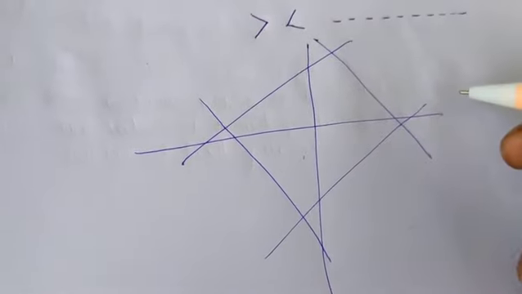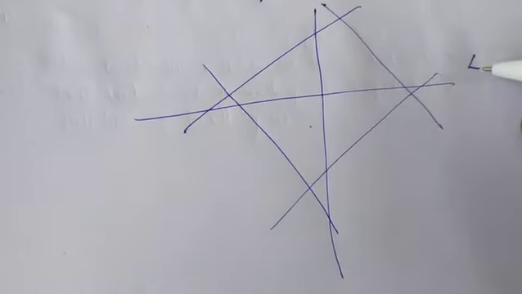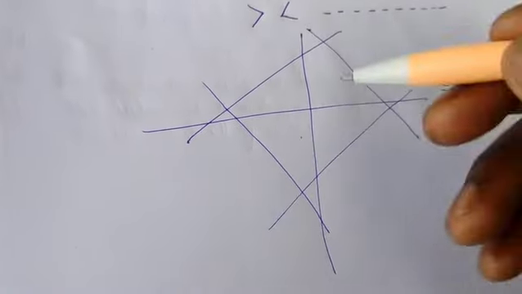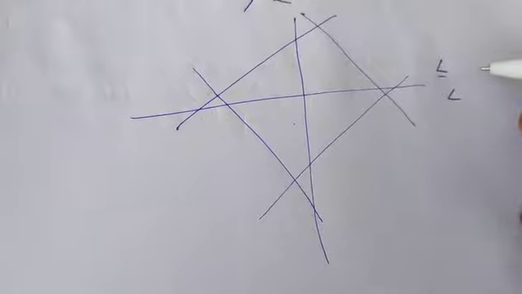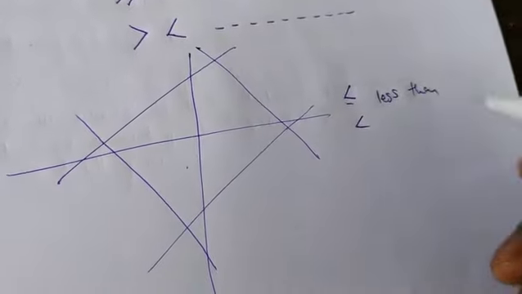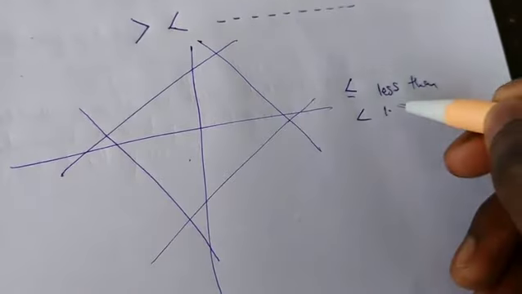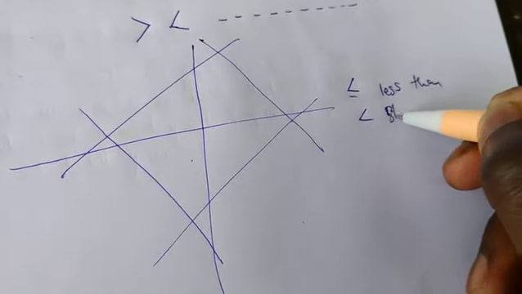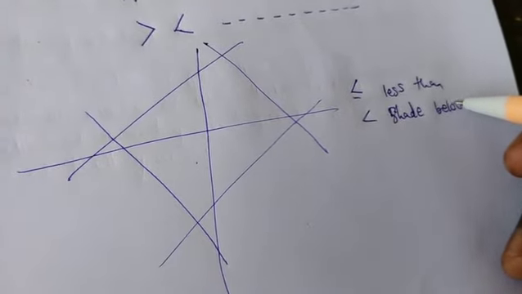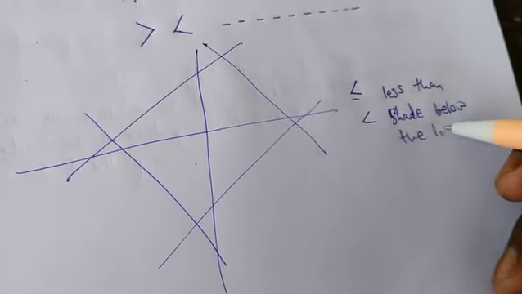So for less than or equal to or less than, you shade below. If it's less than or less than or equal to, you shade below the line.